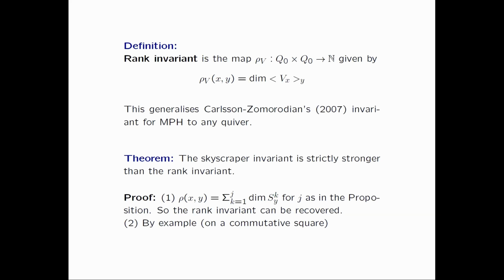Now the rank invariant just looks at, well, rank here is 1, rank there is 1. Every rank is of course exactly the same as in this picture, so the rank invariants are the same. However, the HN invariants, so the skyscraper invariants, are going to be different, because here I have the non-trivial submodule, this separates into a submodule that's just F with identities. So that is detected by the skyscraper.